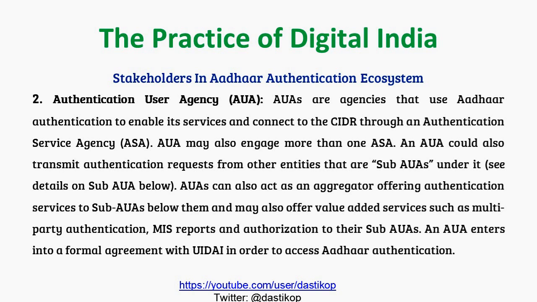An AUA could also transmit authentication requests from other entities that are sub-AUAs under it. AUAs can also act as an aggregator offering authentication services to sub-AUAs below them, and may also offer value-added services such as multi-party authentication, MIS reports, and authorization to their sub-AUAs. An AUA enters into a formal agreement with UIDAI in order to access Aadhaar authentication.